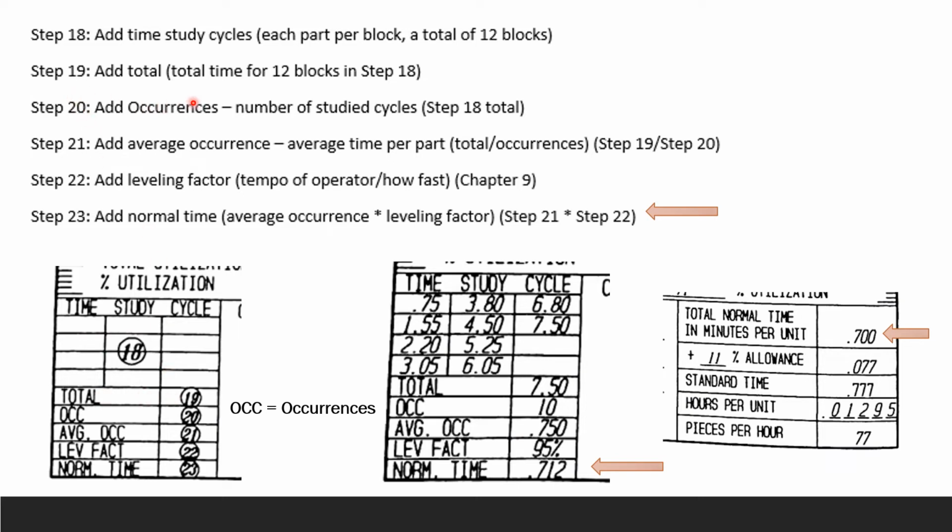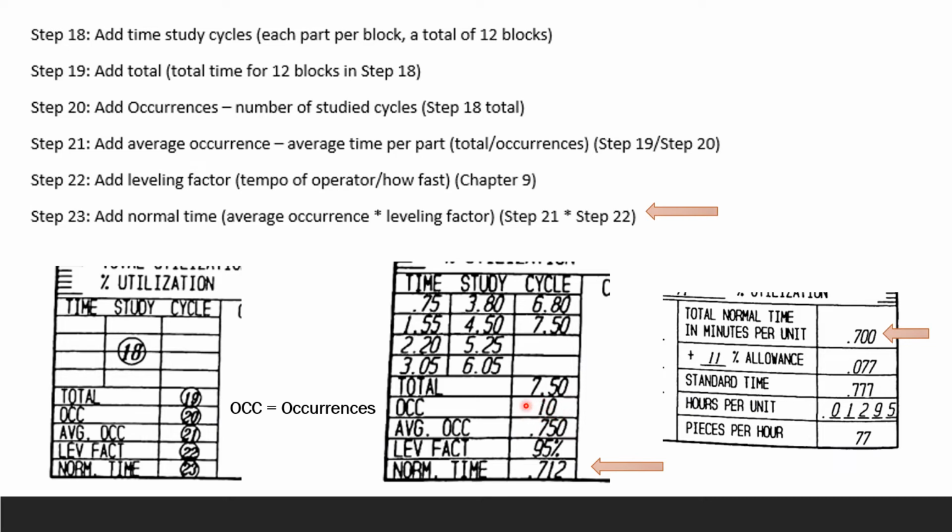Step 19 is you add everything up. Then step 20 is your OCC. OCC is nothing but your occurrences, and that is your number of study cycles, and I'm going to put it right there. In this case, out of 12 blocks, we have 10 work elements, 5 for the machine and 5 for the operator.